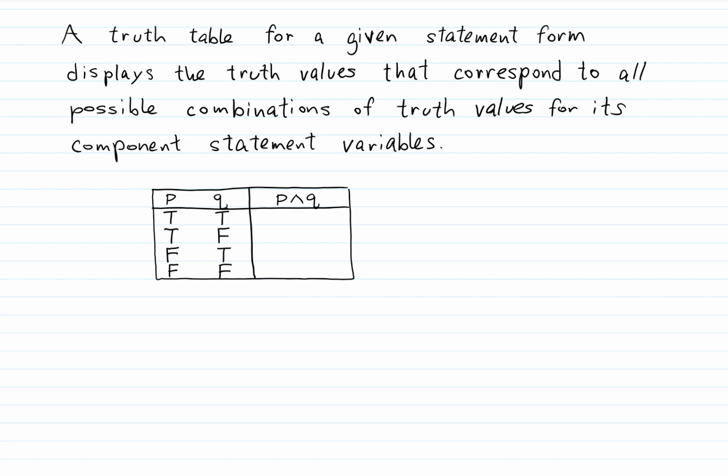And doing either one of those will make P and Q into a statement, which means it'll be either true or false. And I need to show you right now the truth or falsity of P and Q as it relates to the truth or falsity of P along with the truth or falsity of Q. Okay, and here's how it goes.